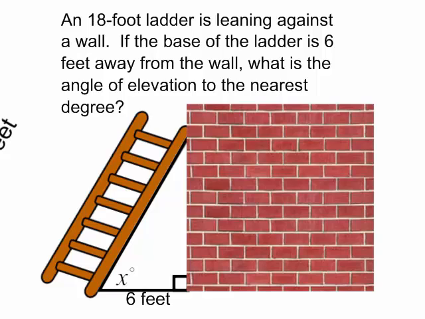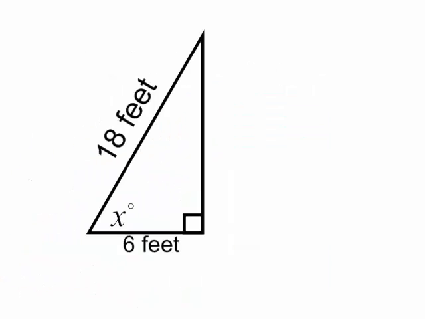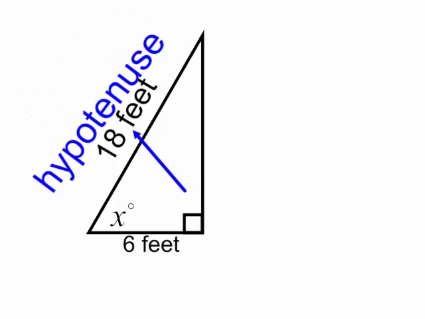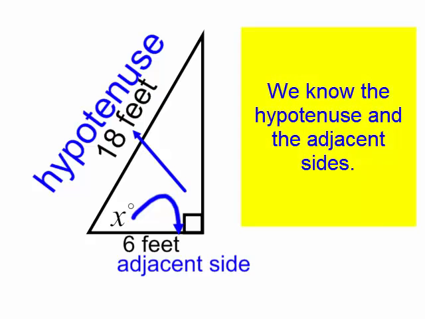I do know that the ladder is 18 feet. Let's get to work. I'm looking for this angle, X degrees. I do know the hypotenuse of this right triangle. I also know the adjacent side of this angle is 6 feet.